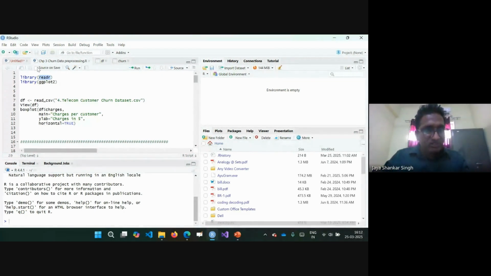Oh, sorry, there was some disturbance in the next room. Okay. So this library function helps you to load the pre-installed packages. I hope most of you understand what packages are.